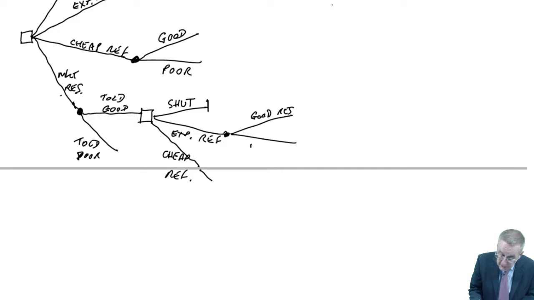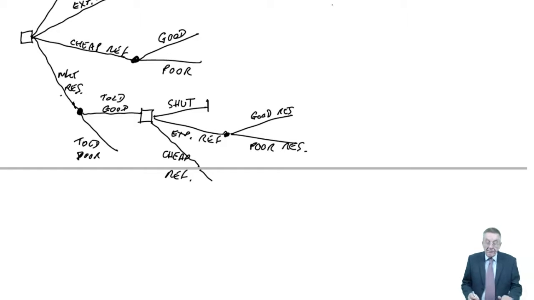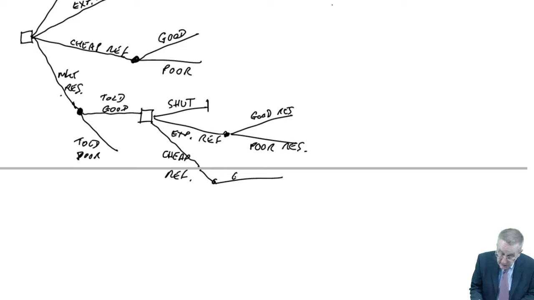It may end up with a poor result. And similarly, even though market research may have told us it's a good result, we'll still be able, if we want, to choose a cheap refurbishment. And again, if we choose a cheap, there's either going to be a good result or a poor result.